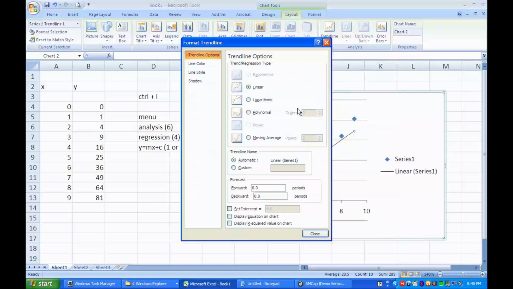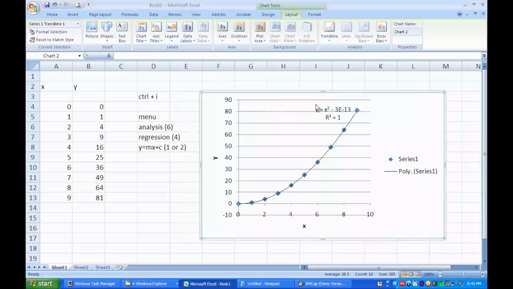It's a polynomial of order 2. Don't worry about that 3e to the minus 13, it's just a rounding error, and R squared is 1. So this shape here is the x squared shape that you get.